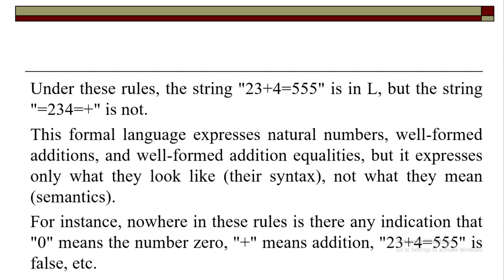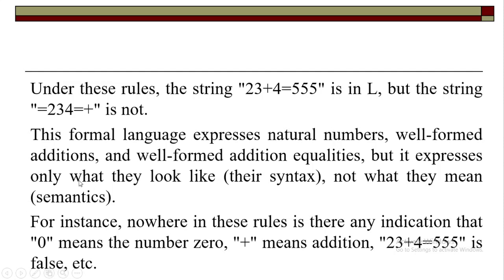For example, in normal natural numbers, 23 plus 4 is 27, and here we have written 23 plus 4 equal to 555. Actually we cannot read it as 23. We have to read it as 2 3 plus 4 equal 5 5 5. Okay, that is what they have here.